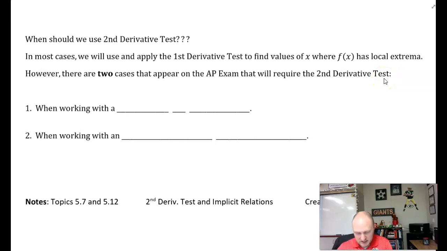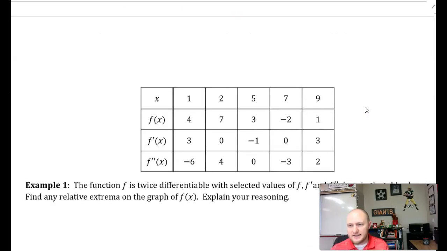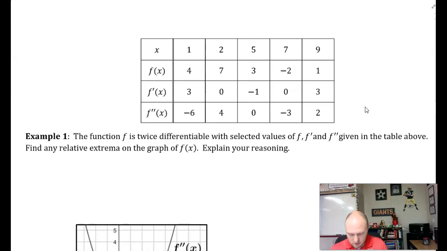And that's when you're working with a table of values, or you're working with an implicitly defined function, an implicit curve, okay? If your x's and y's are all mixed together. Like I said, the second video we'll do on this will focus on implicit differentiation. Okay, so let's dive into example number 1.